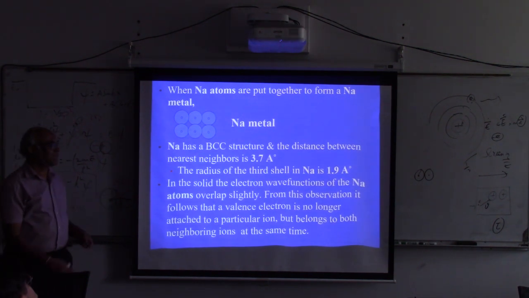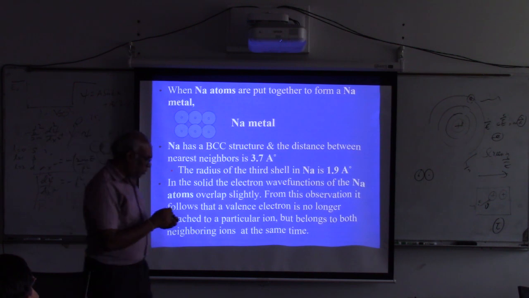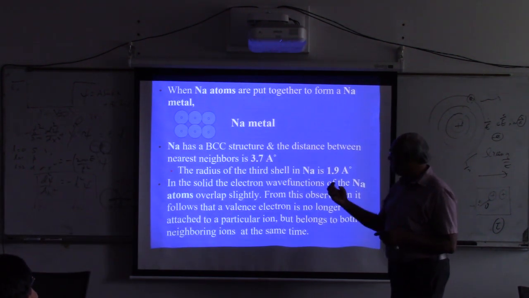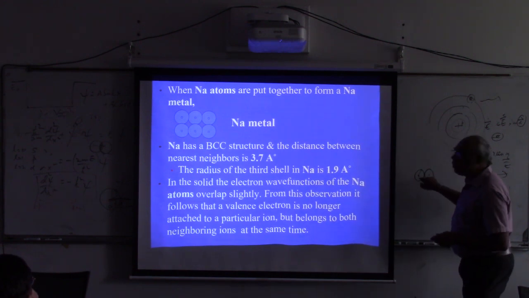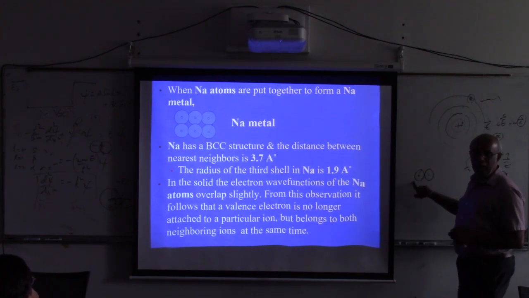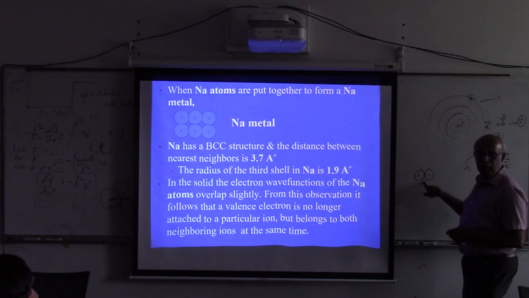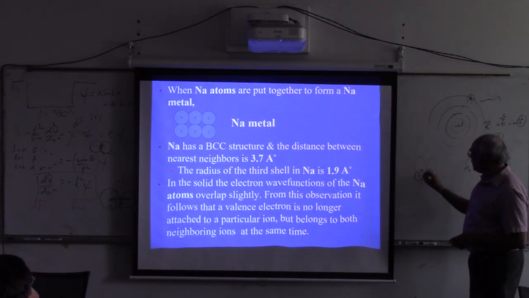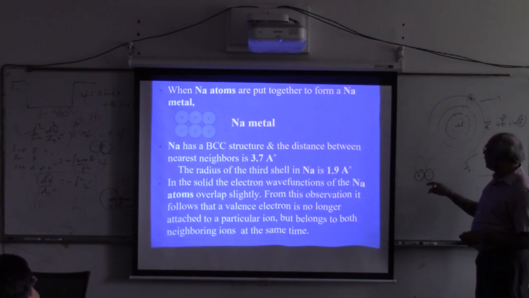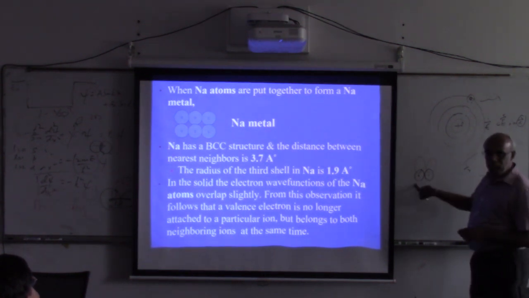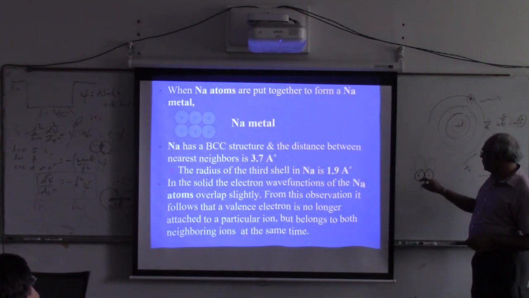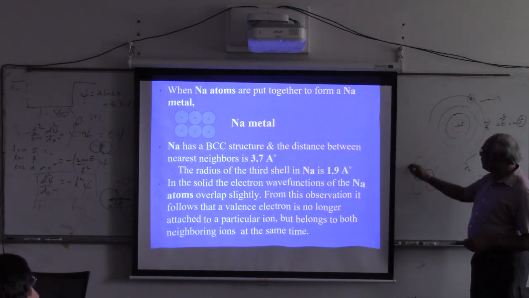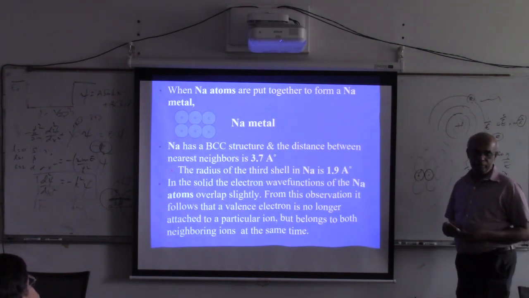That also explains that the electron does not really belong to one particular atom, so it can be shared with others. You cannot tell that this electron belongs to this particular atom. It actually belongs to all the atoms. That's why we call it a free electron.